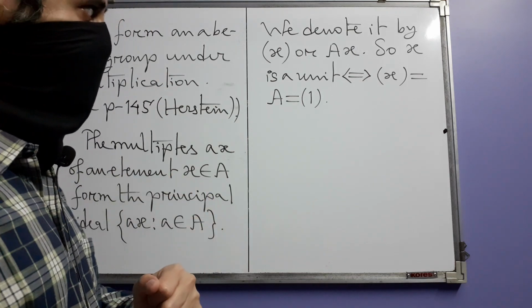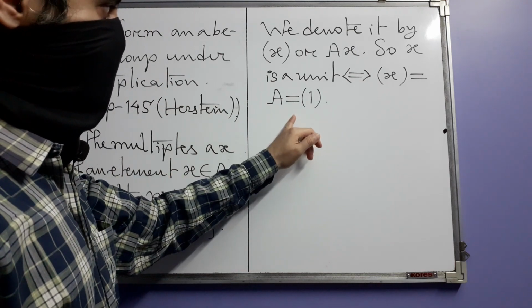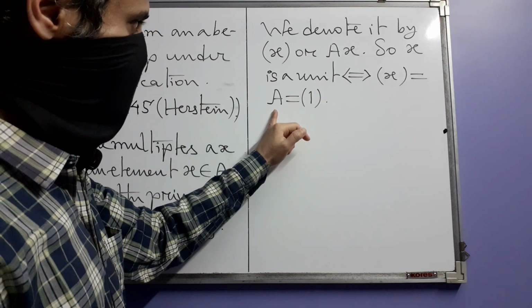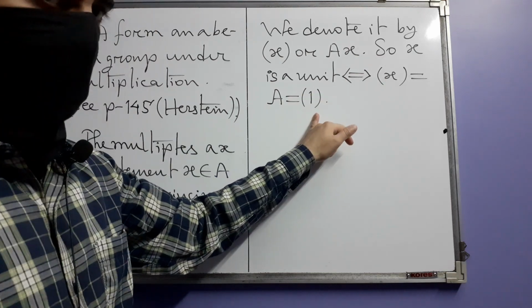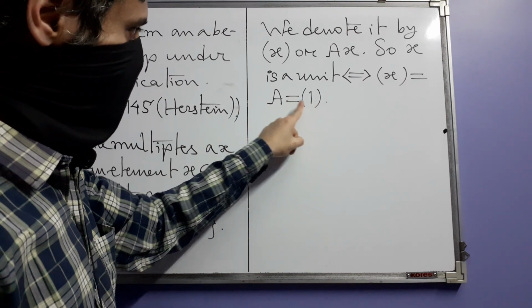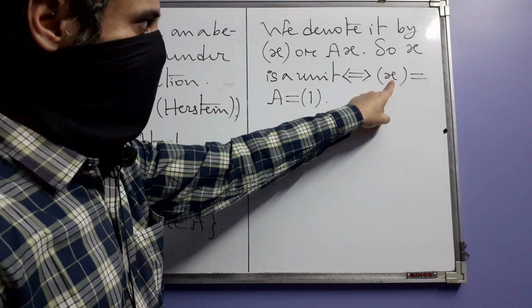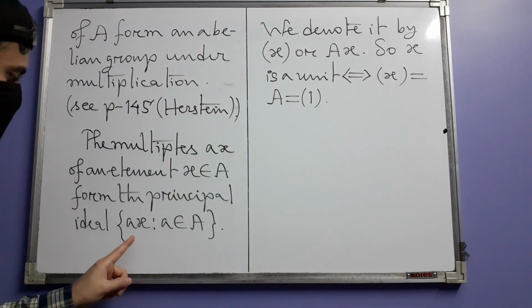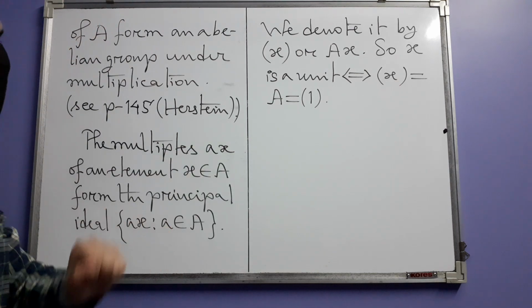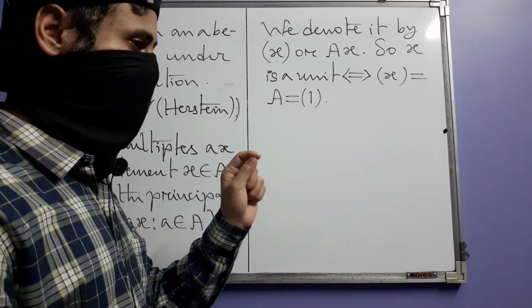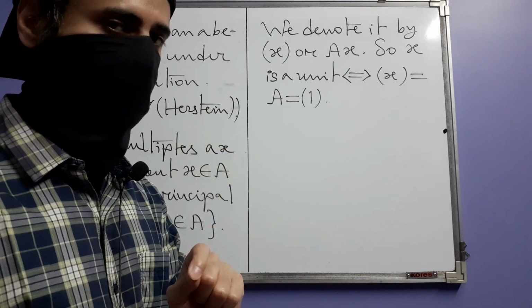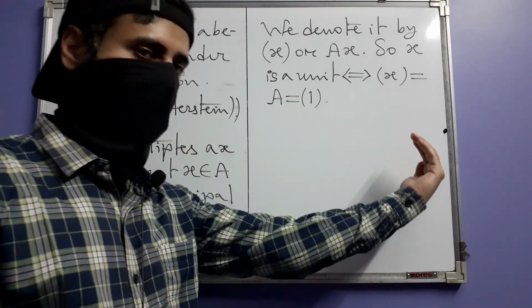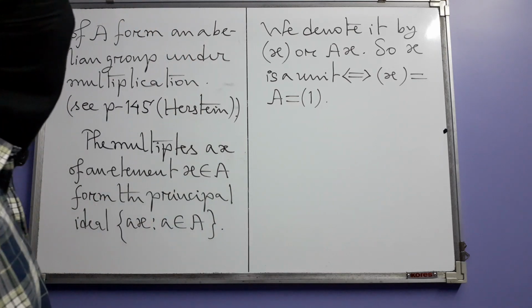What about the converse? For the converse, you note that if this is equal to this, then this already is equal to this. So 1 belongs to A, and so 1 also belongs to this set. And so 1 has to be equal to something times x. That something is x inverse. And that's how x becomes a unit. So you have this side of the implication as well.